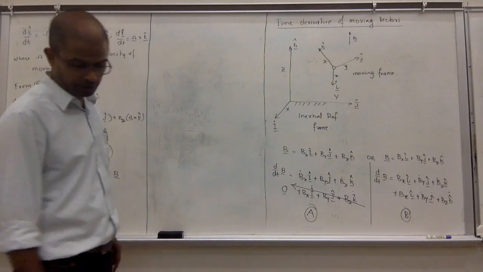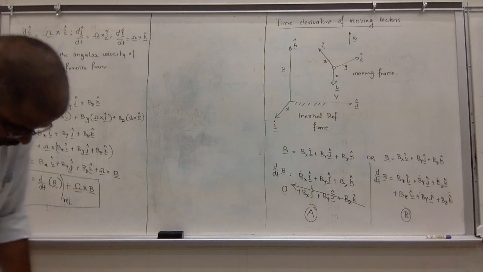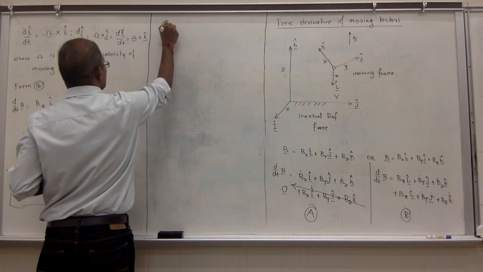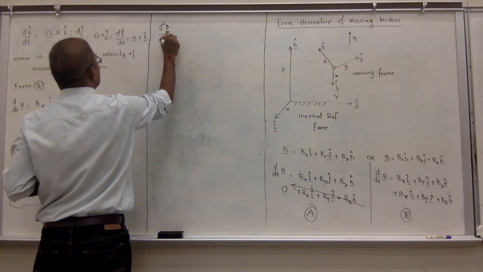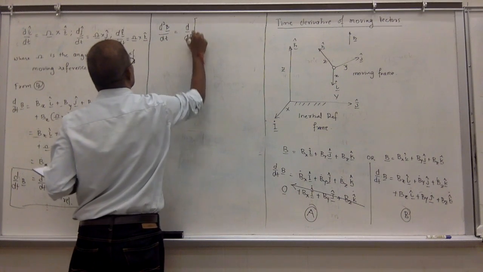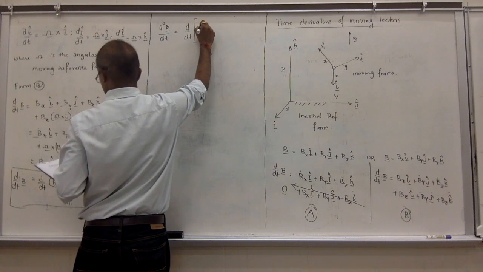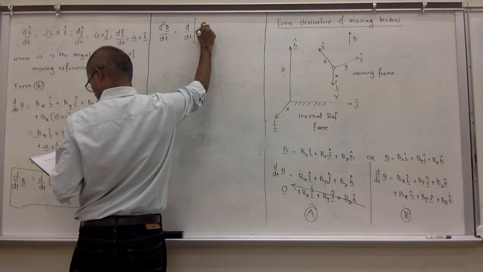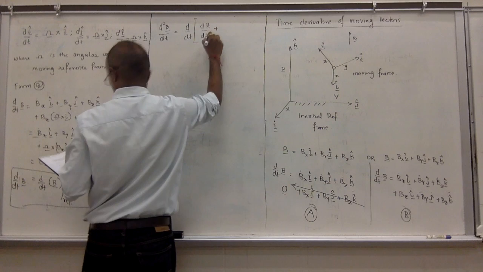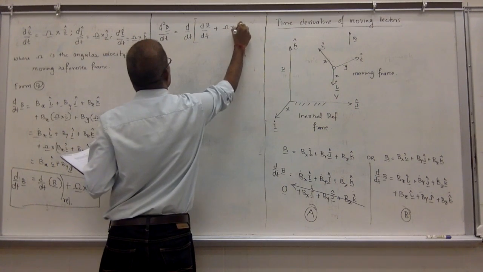Now, if this is the position vector, if you have d square b over dt square, this would be again d over dt of db over dt plus omega cross with b.